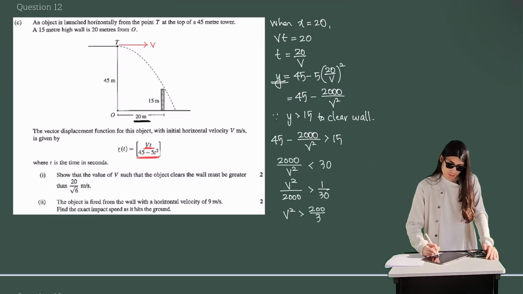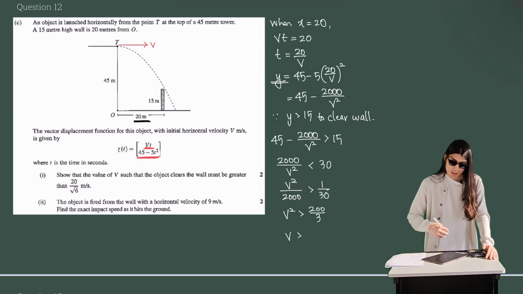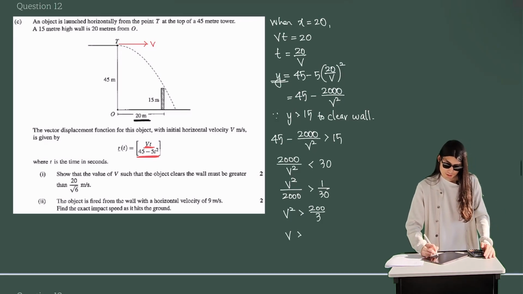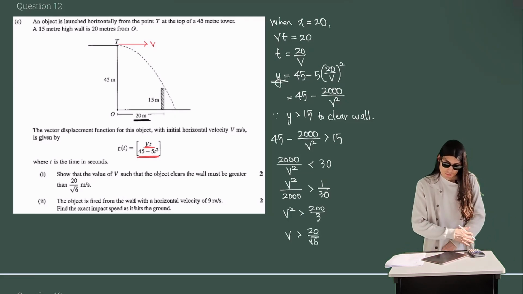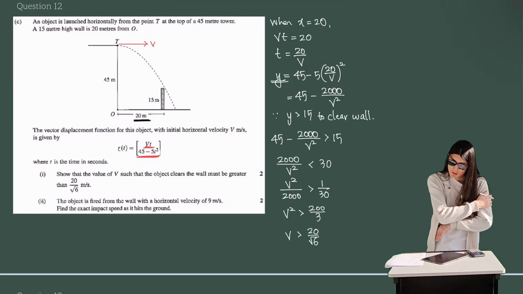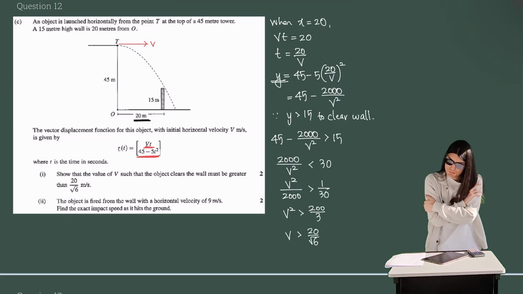And now take the square root of both sides. V must then be greater than the square root of 200 over 3, which is equivalent to 20 root 6. I'm pretty sure it is.